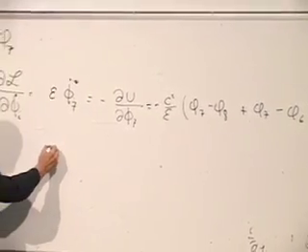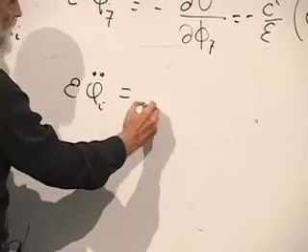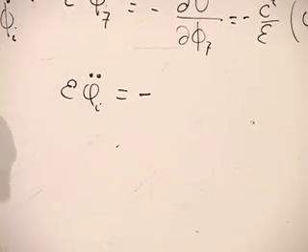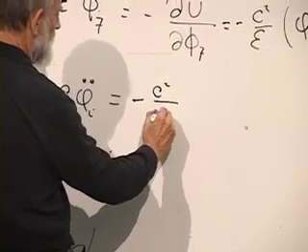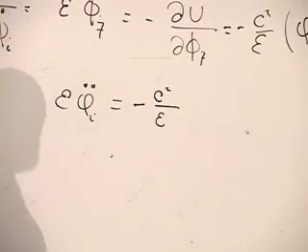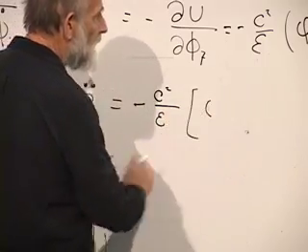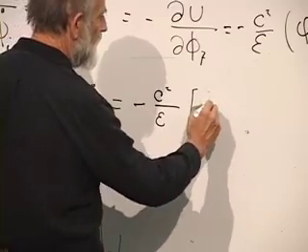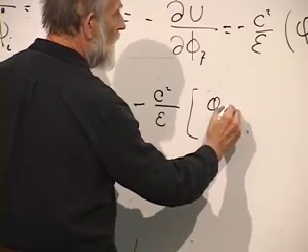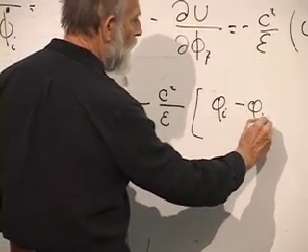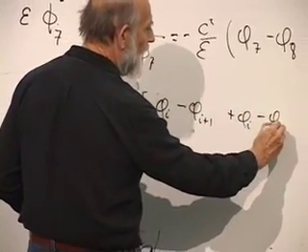The general pattern now is epsilon phi I double dot is equal, it looks like minus, I think I got the minus right, c squared over epsilon times phi I minus phi I plus 1 plus phi I minus phi I minus 1.